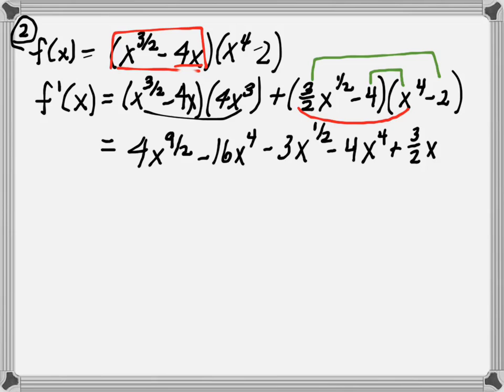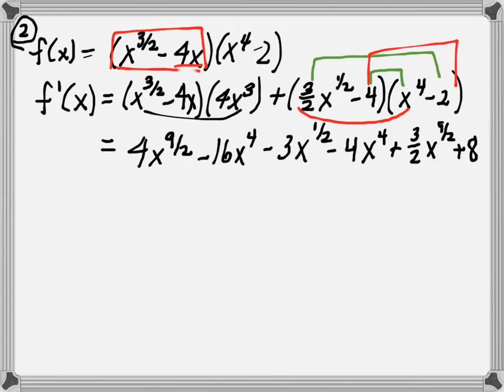We add them. So what's 1/2 plus 4? Yeah, it's 4.5, which is 9/2. And then the last terms, I have negative 4 times negative 2, which is? Plus 8. Okay, is it all there okay?